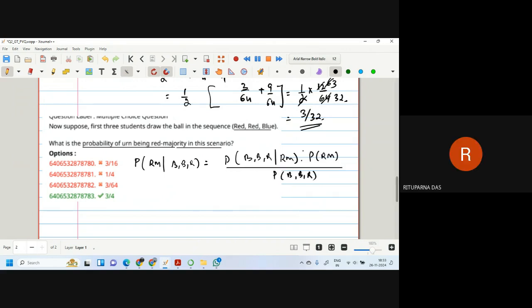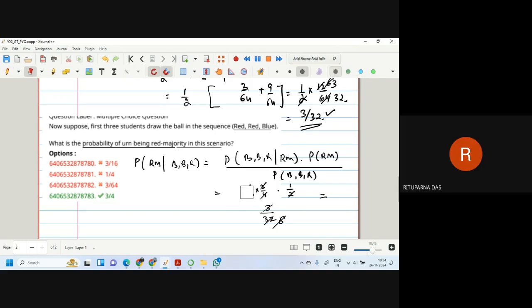The probability of red majority is half, and the probability of BBR is 3 by 32 from the previous question, right? Yes. Now the answer, just hold on.